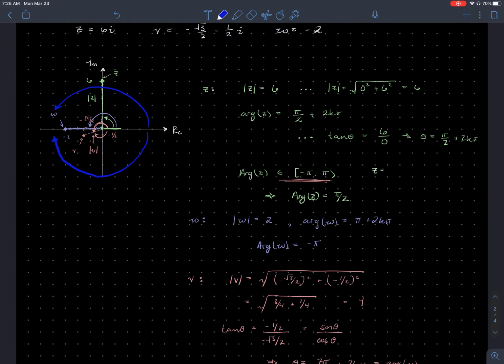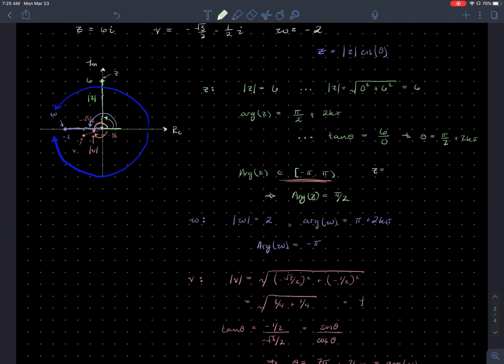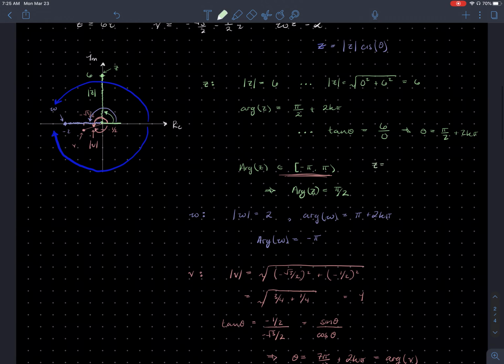Because we know that some arbitrary complex number is just the modulus times CIS of some argument. So we can say that this complex number is going to be its modulus, which is 6, times CIS of an argument. And it can be any argument, it doesn't have to be the principal argument.